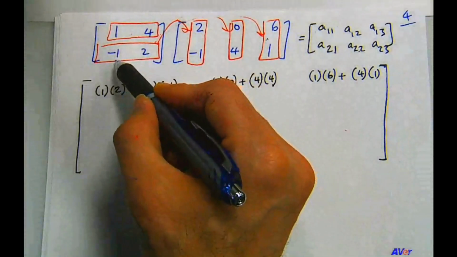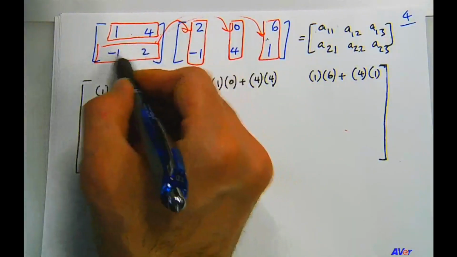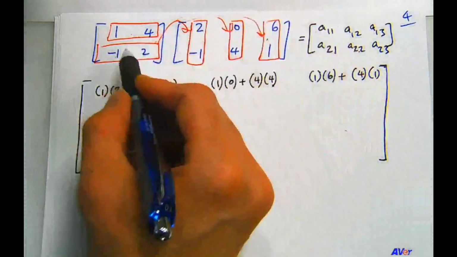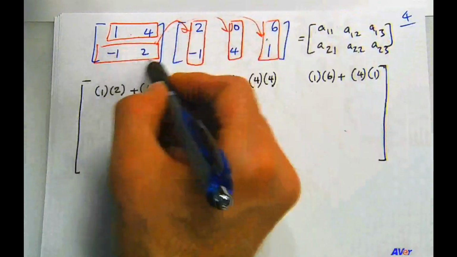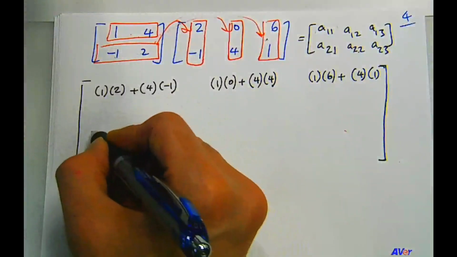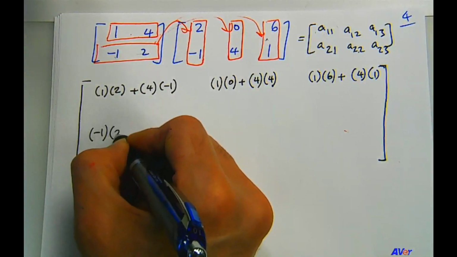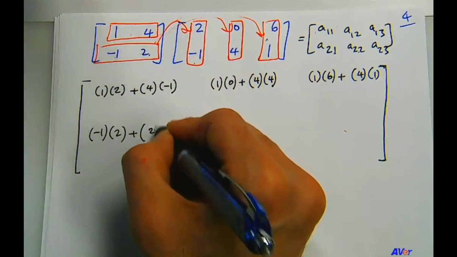So negative 1 times 2, right? Take the first row, multiply it by the first column. Add the numbers, then multiply the second row by the second column, second row by the third column, until we run out of columns. So we're going to have negative 1 times 2 plus 2 times negative 1.